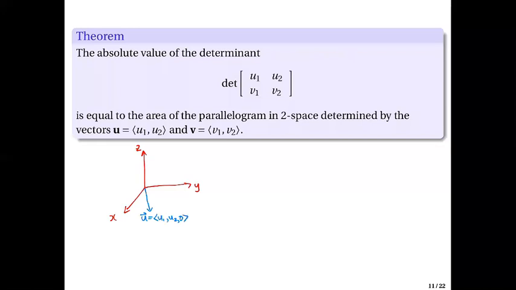And then you can have the vector v with components v1, v2, 0.